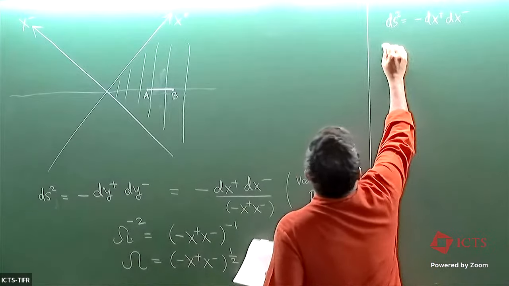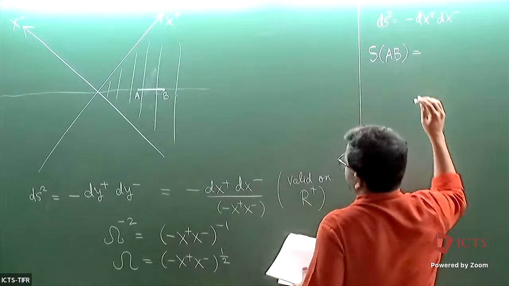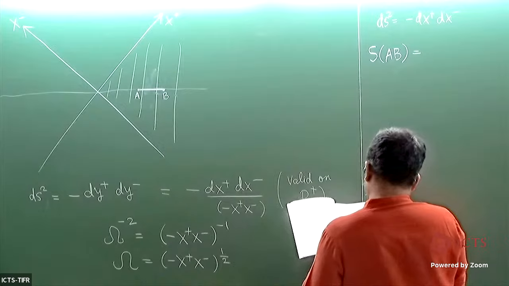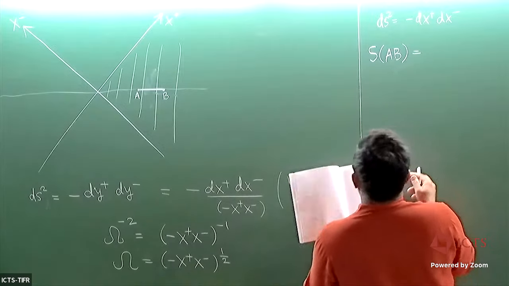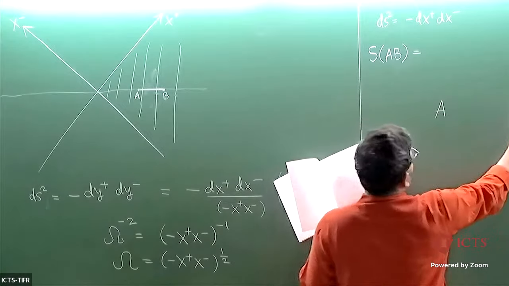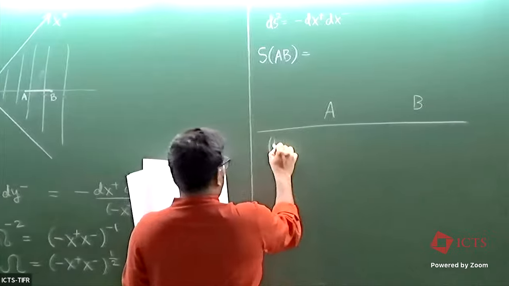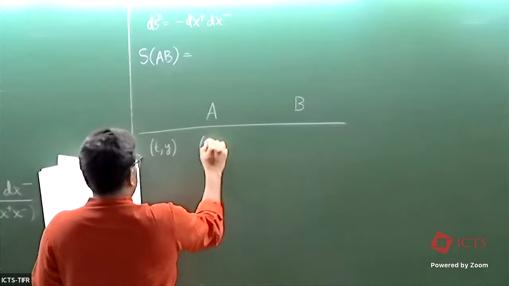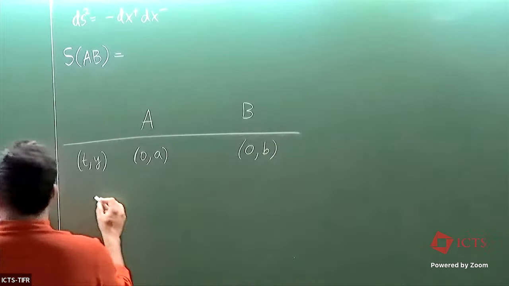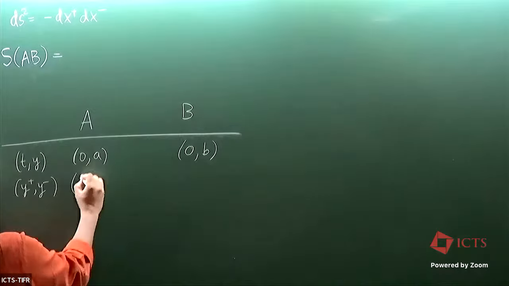So basically, S of AB will be, actually, let me make a table. So we have this point A and the point B. We have the t comma y coordinate being 0 comma A, 0 comma B. So the y plus and y minus coordinates, just add and subtract them.